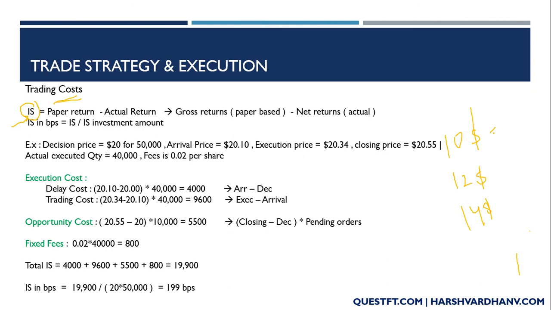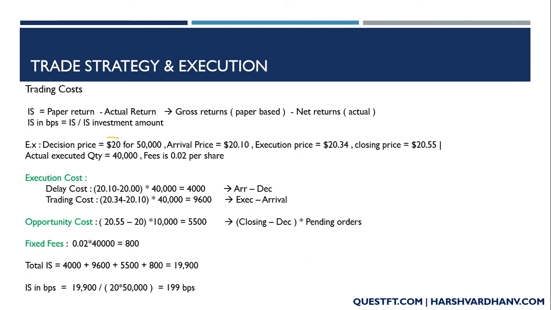So your paper return would be 14 minus 10, which is a 40% return, but your actual return will be 14 minus 12, which is around 10-15% return. So this 40 minus 15 becomes your implementation shortfall, wherein the paper return minus the actual return is your shortfall. We'll see it with an example over here, which is mentioned in the book also, but I've just summarized it here.